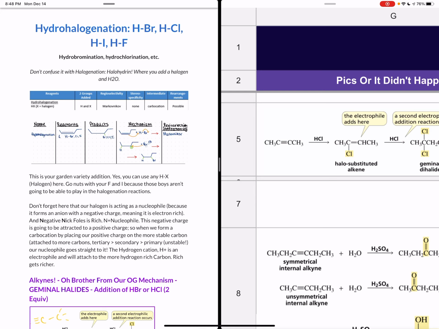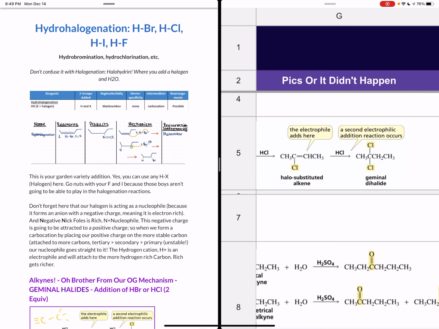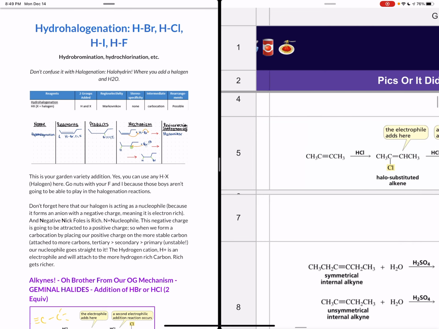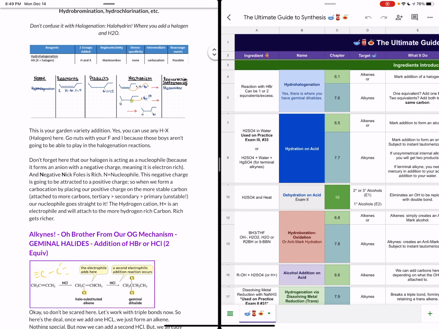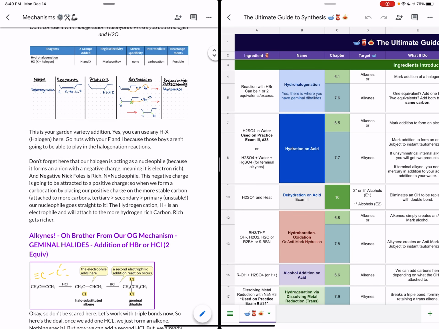Putting it here, and in this case, this is a symmetrical reactant, so it doesn't matter which side you add it on. But once the Cl is on, you're going to add that second Cl to the same side. This is where we come into play with these geminal dihalides, okay? What else do we need to know here? Markovnikov, there's no stereospecificity here.